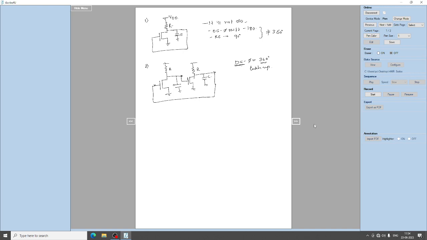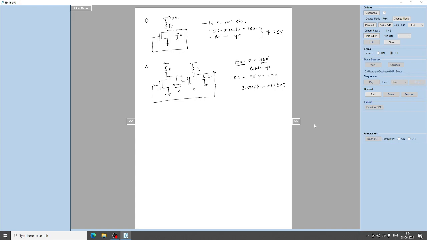On top of this, the two R and C stages will give an additional phase shift of 90 degrees each, so 180 degrees. So this will not satisfy the phase shift condition, since it is not an integral multiple of 2 pi.